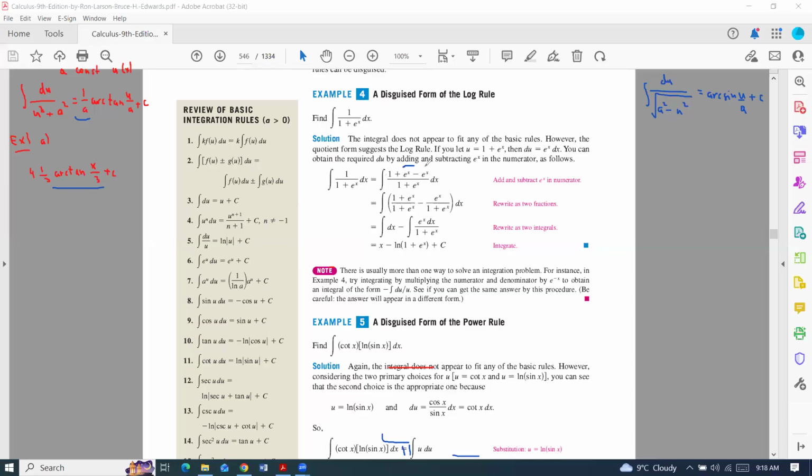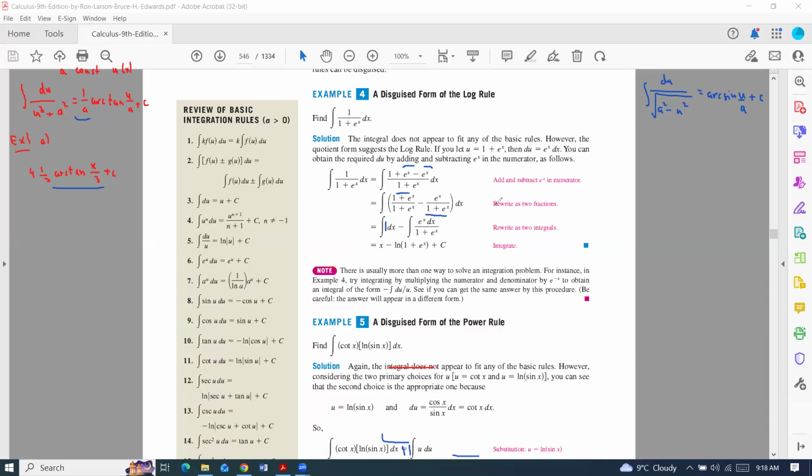And that's why we do the cheap trick. We add the same thing, and then we subtract that e to the x. And we add e to the x so that we'll split into two pieces. So the first two terms of my numerator will cancel nicely with the denominator, so it'll be just 1. And that one is straightforward to find the antiderivative. And the second piece is going under the substitution.